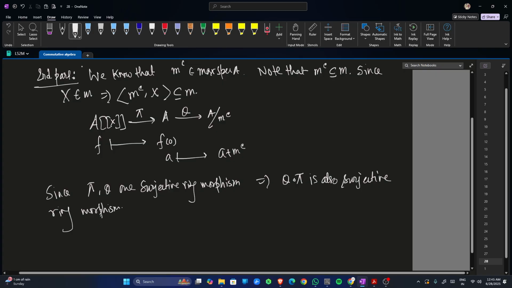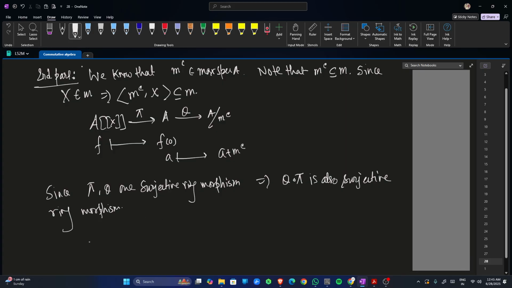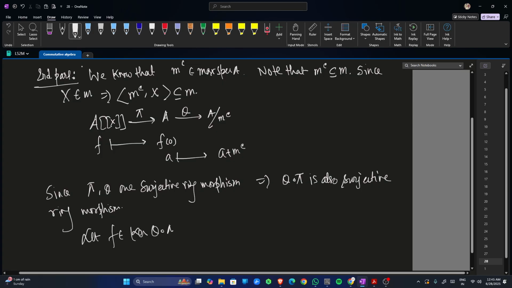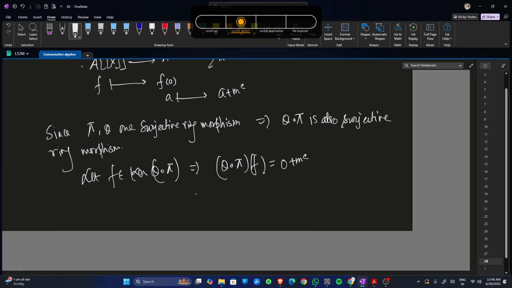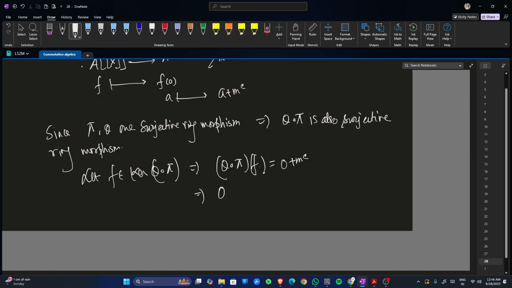We want to compute the kernel of the map theta compose pi. Let F belong to the kernel of theta compose pi. That means theta compose pi of F equals 0 plus m contraction, that is, F0 is in m contraction.